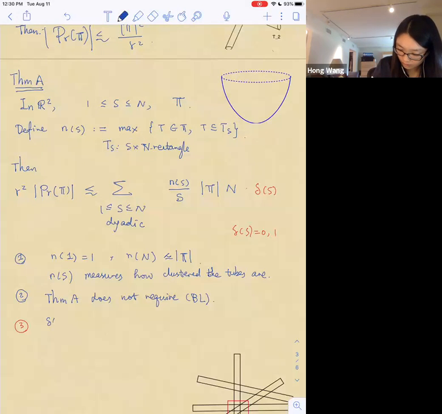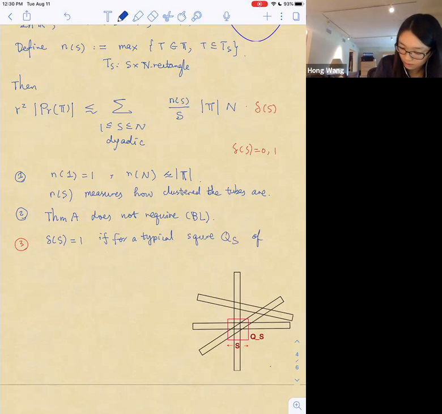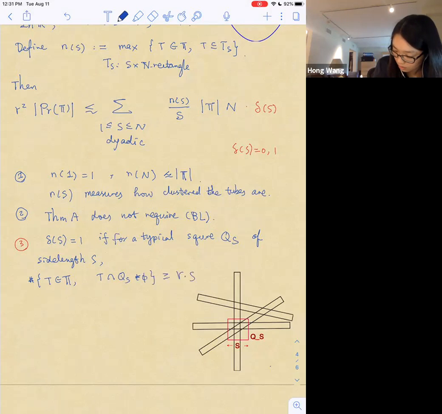So delta S equals 1 if for a typical square QS of side length S, the number of tubes in T passing through QS is larger than R times S. Otherwise, delta S takes the value 0.